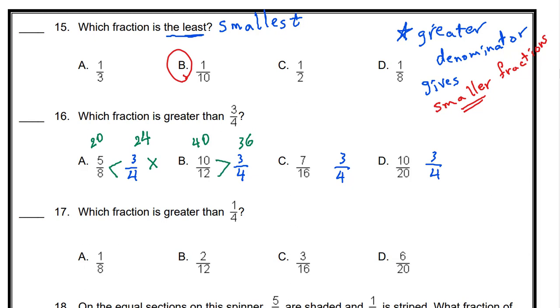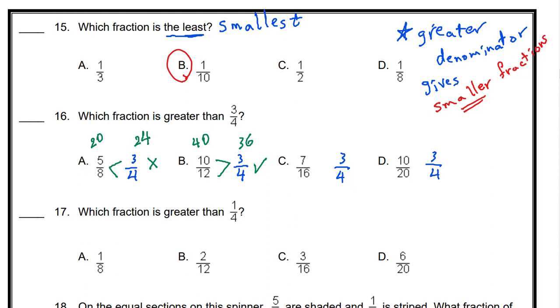So 10/12 is greater. That's what we want, right? So this one is right. Okay, let's check the next ones just to make sure that we don't have any other correct choice.